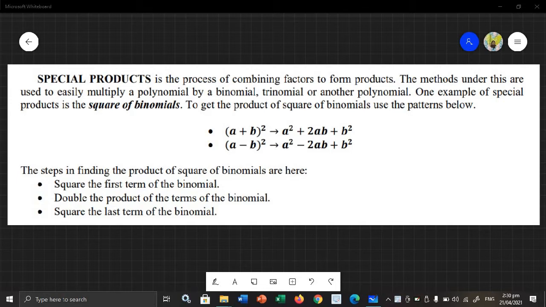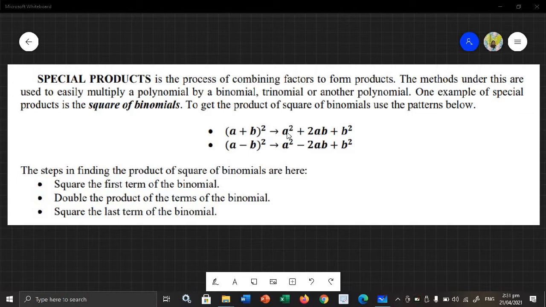So one of the special products is what we will be discussing right now, which is the square of binomials. And these are the patterns that we will use in finding the product of the square of binomials. So let's say we will be finding the product of quantity a plus b squared.